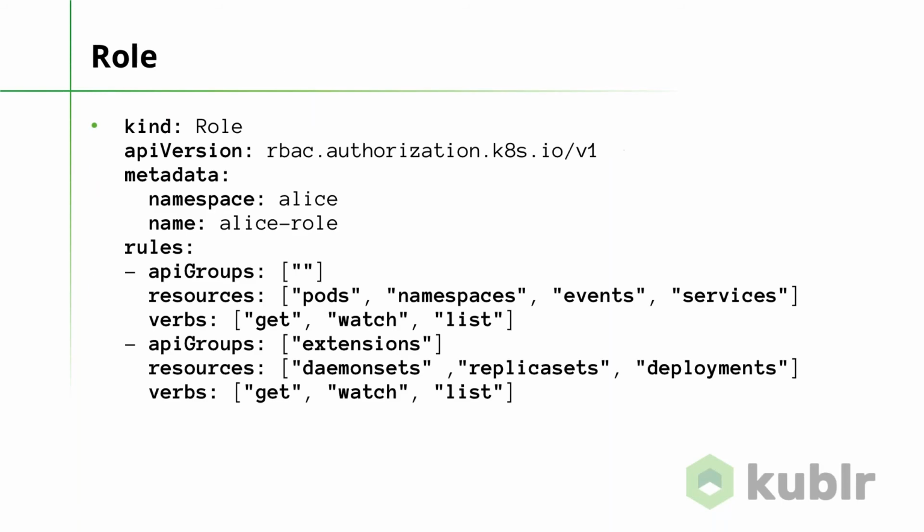Role-based access control is configured using standard Kubernetes resources. Users of your cluster can be bound to a set of roles, and there are two kinds: cluster role and role.